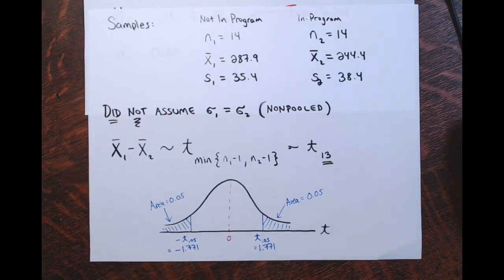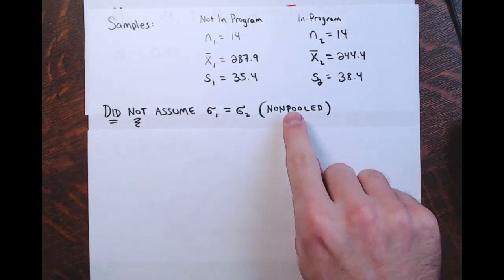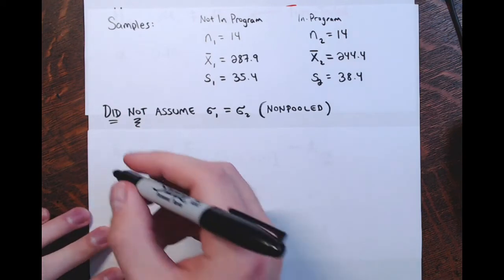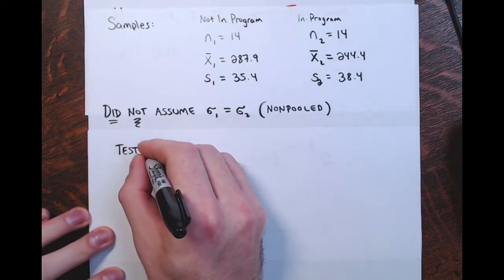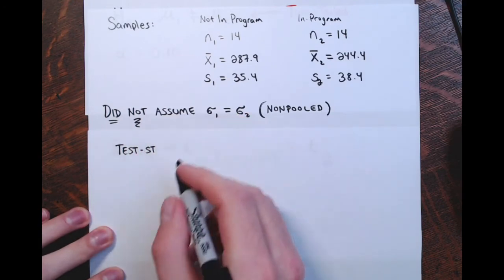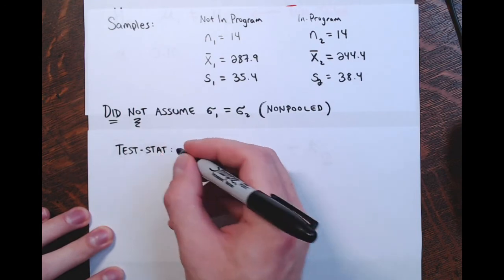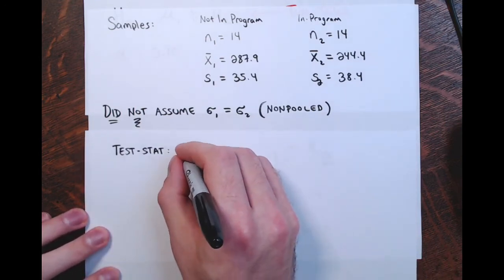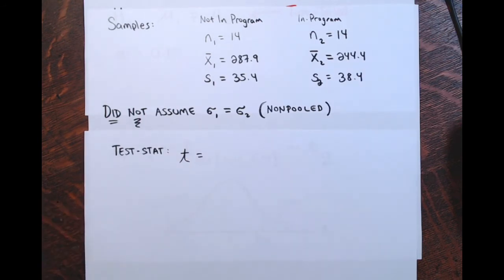Remember, for these non-pooled scenarios where the population standard deviations are not assumed to be equal, and since my population standard deviations are also unknown, the test statistic is a t-score. We're working with the student's t-distribution, 13 degrees of freedom here. So what's the t-score for the difference in our sample means?